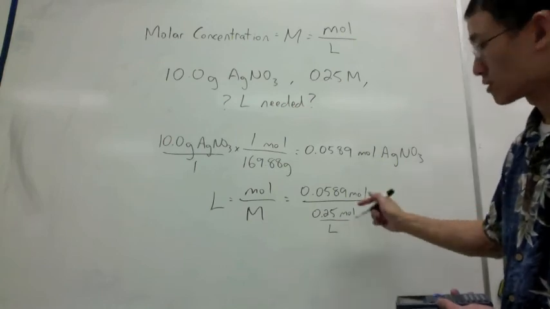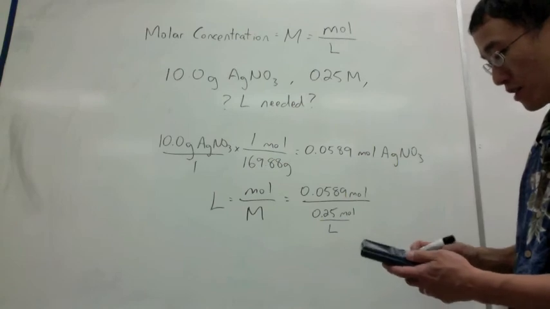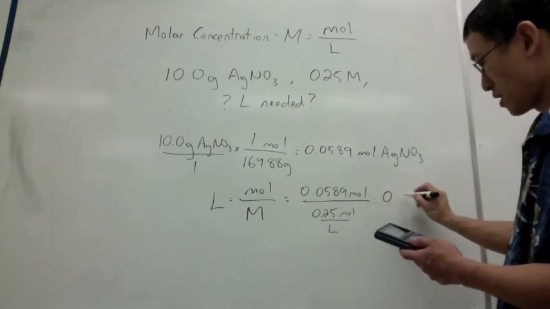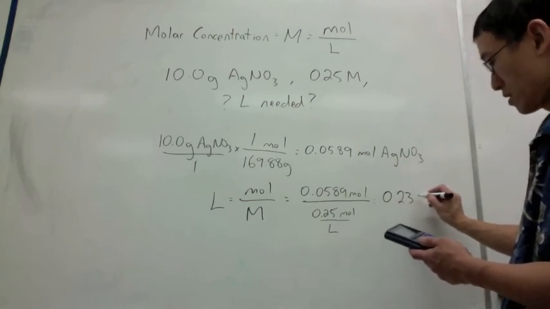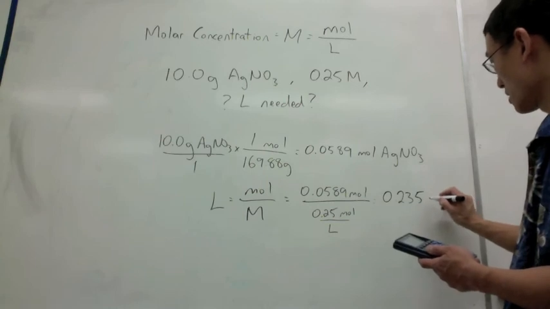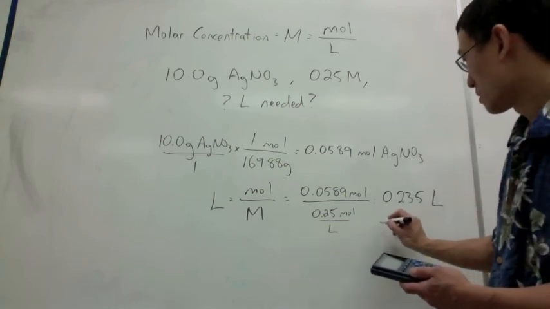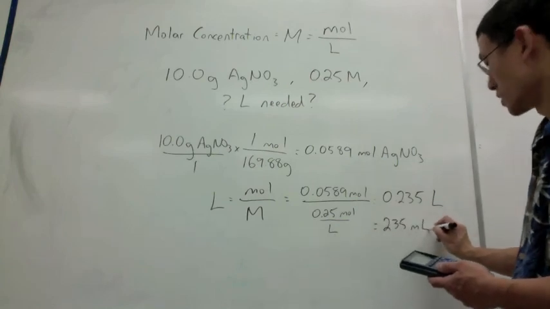The moles are going to cancel, and the liter is going to flip to the top. So take that number, divide by 0.25, and you end up with about 0.235 liters. Or in milliliters, it's 235 milliliters of solution.